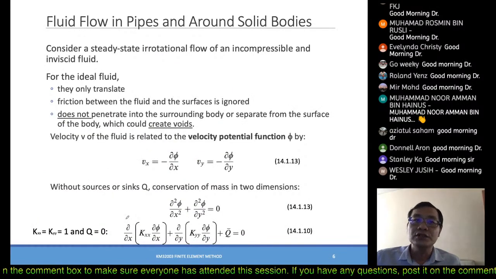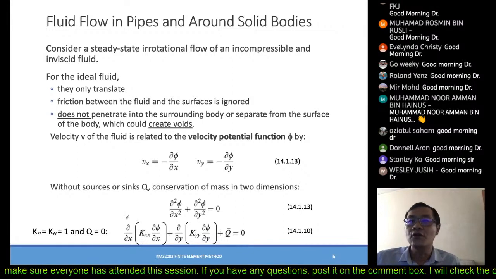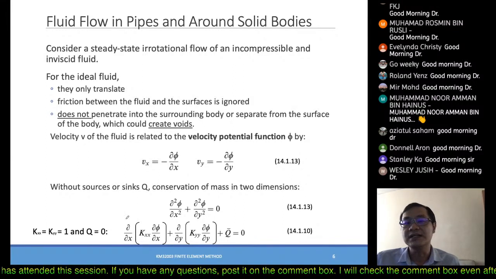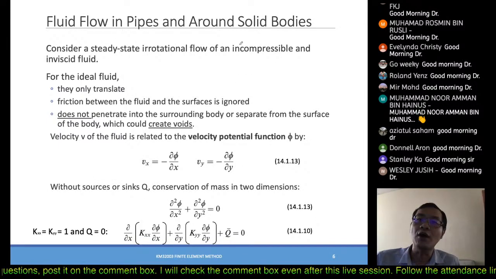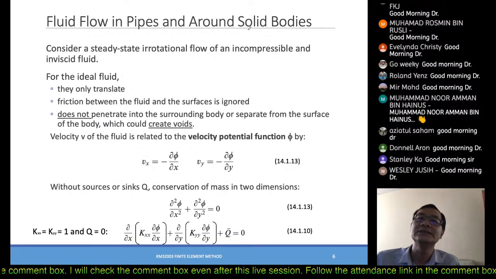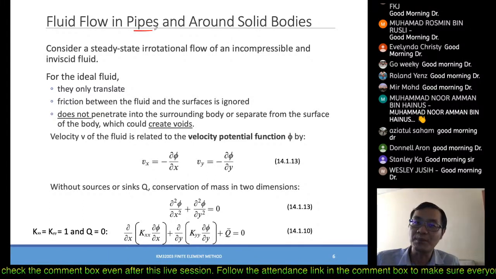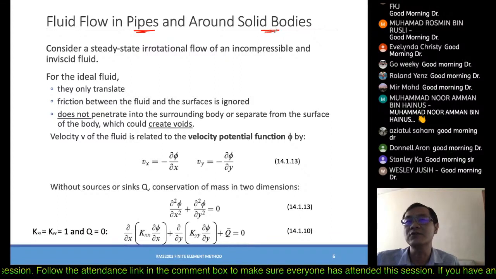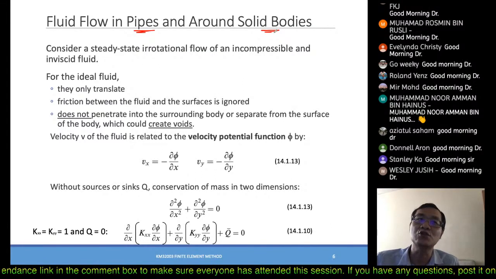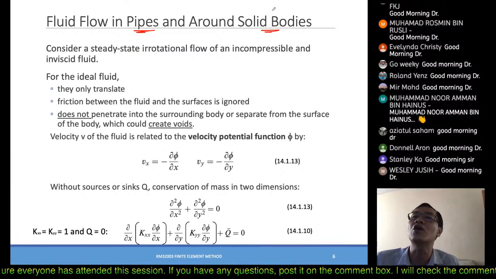We can also derive the fluid flow for pipes and also around a solid body. It is very common to derive for pipes. We can have pipe networks. Also, when we do research or develop a product, we will want to see the performance of that so-called solid body.